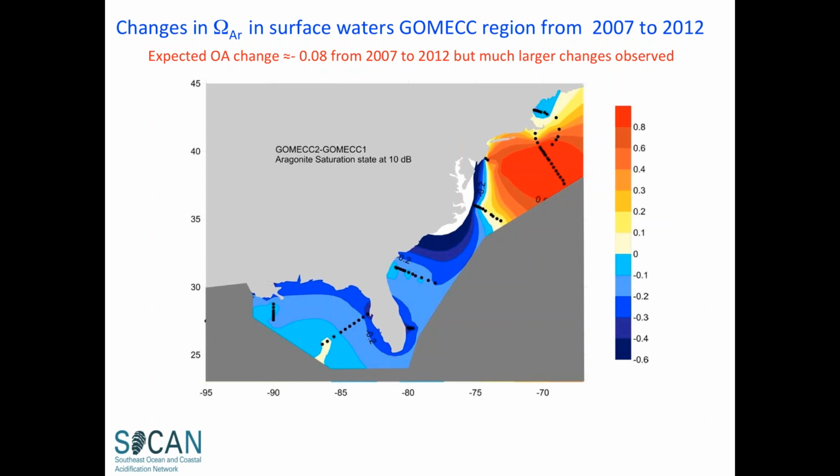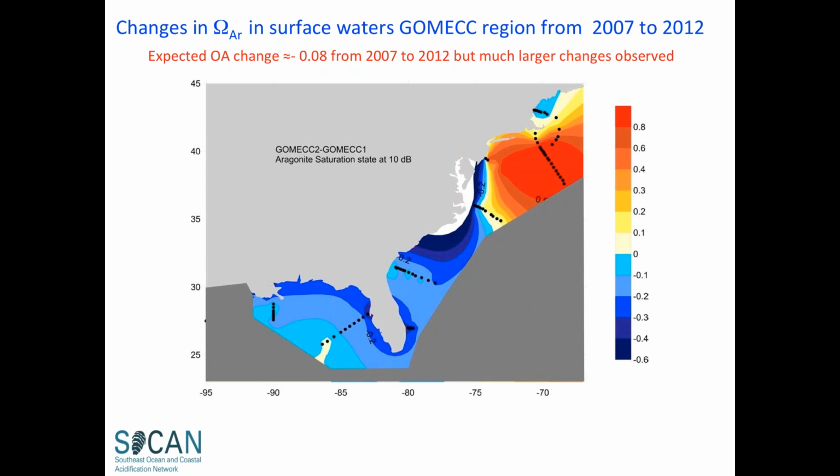And what you can see is this scale goes from minus 0.6 to 0.8. When we first looked at this, I said, oh wow, we have some other issues going on. So in a nutshell, what we saw over these 5 years is that in the Gulf of Mexico the saturation state dropped like a rock, particularly near the coast.